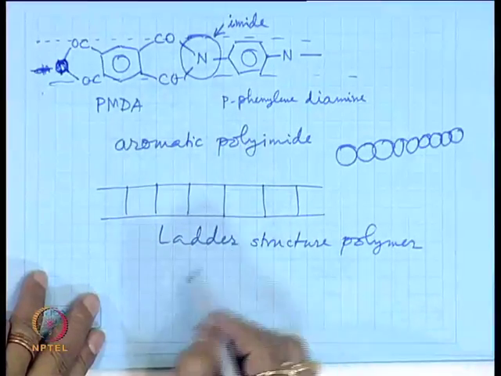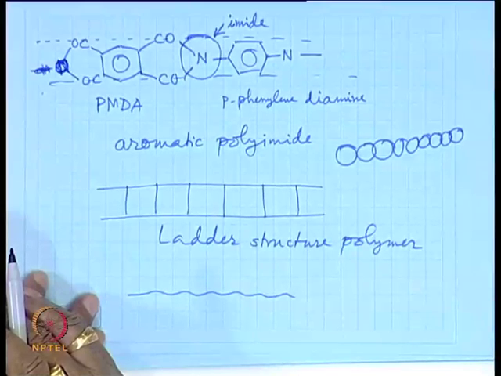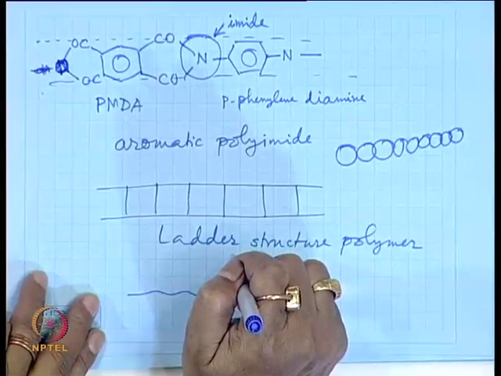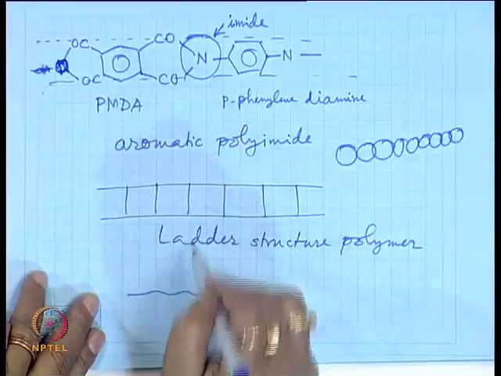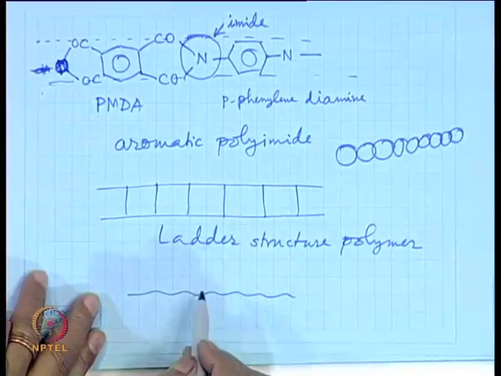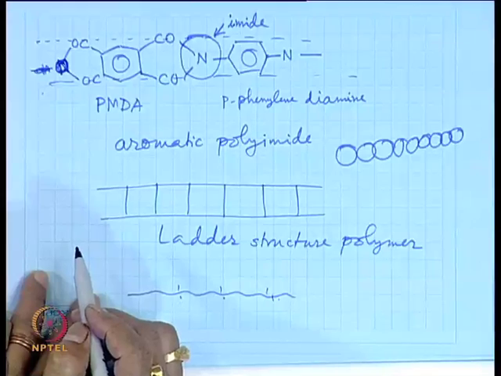In case of polyethylene, what you have seen? A single strand. That is why that is flexible, but these polymers are very rigid, stable to very high temperature because of this. If thermal energy is applied to polyethylene, it can break anywhere along the carbon backbone chain.